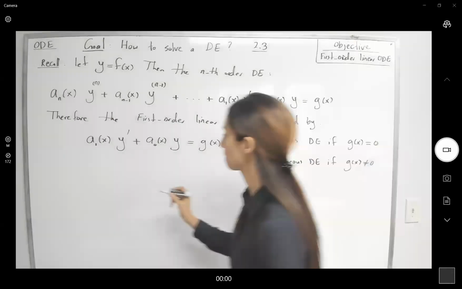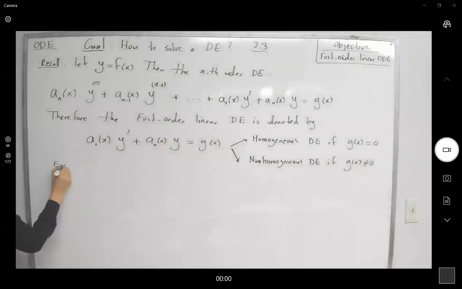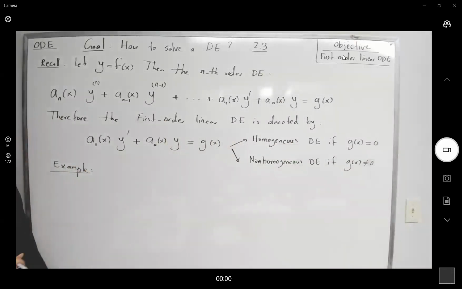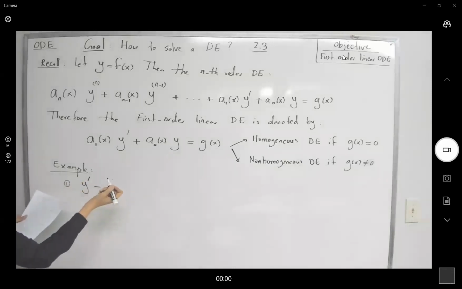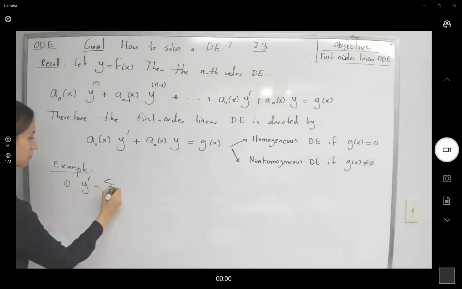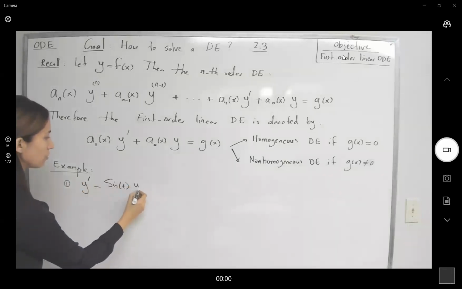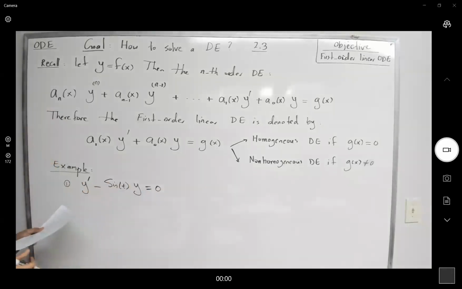For example, let's take a look at a couple of examples and try to classify these linear differential equations. So the very first one is, well, you have y prime minus sine t times y equal to 0.